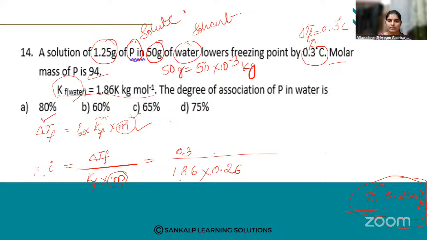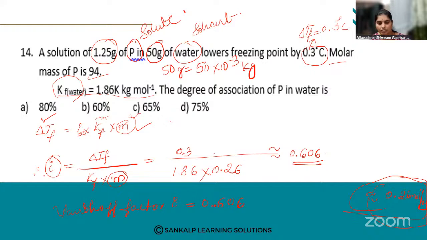You will get an approximate value of 0.606. So it is the Van't Hoff factor. i is equal to 0.606.